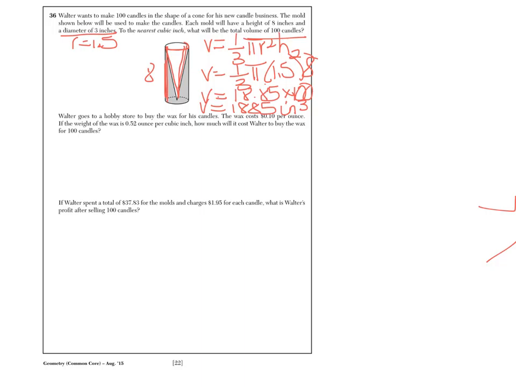So we're going to take the volume, 1885 cubic inches, and multiply that to the weight of the wax, which is 0.52 ounces per cubic inch, and we're also going to multiply that to the 10 cents per ounce. And as a result, I can get rid of the cubic inches and the ounces and get 9802.